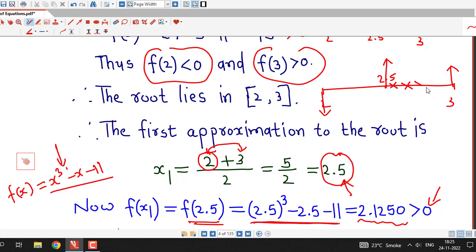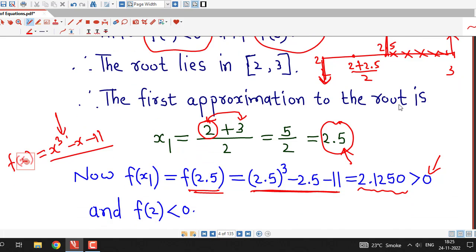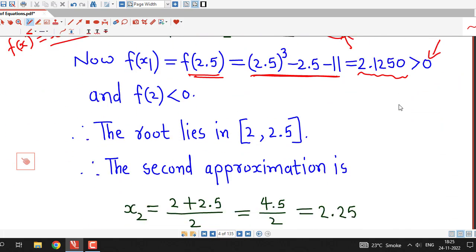So root cannot lie in this interval. So root must lie in between 2 and 2.5 because f(2) is negative and f(2.5) is positive. So our next approximation is average of 2 and 2.5. So that we denote by x2.